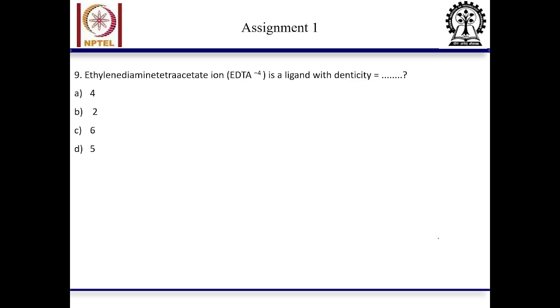Okay, so another way to ask the question is how many donor sites, how many nitrogen and how many oxygens are present in the EDTA. Can anyone just write in the chat box how many nitrogen donors and how many oxygen donors there are?